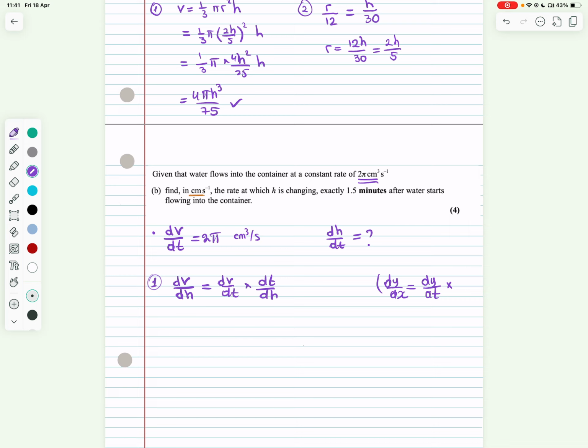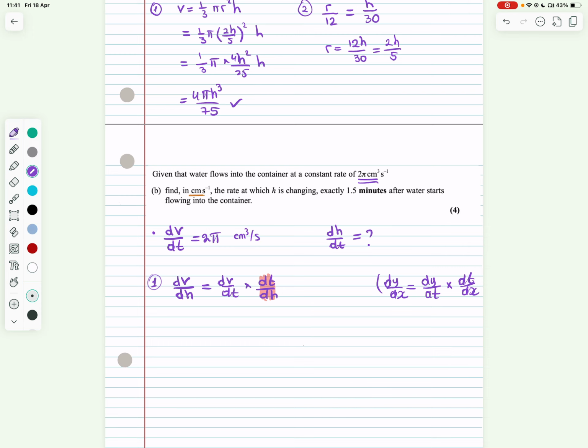In the chain rule, if you simplify dt by dt, you're going to end up with dv over dh, which is the same as the left side. So we are looking for dh over dt. Actually, we are looking for dh over dt.